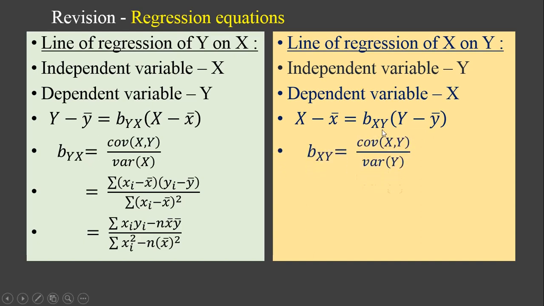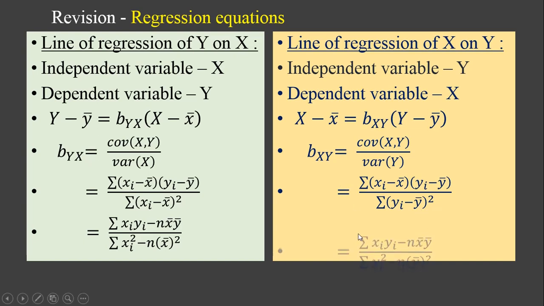To calculate this regression coefficient of x on y, bxy, we have these formulae. Similar to byx, bxy is equal to covariance between x and y upon variance of y. Second formula: summation of (xi minus x bar) into (yi minus y bar) upon summation of (yi minus y bar) to the square.